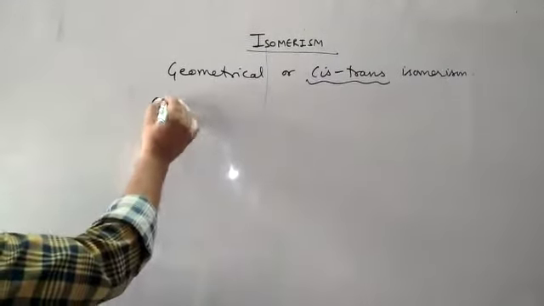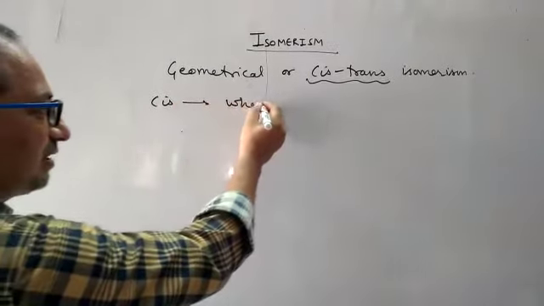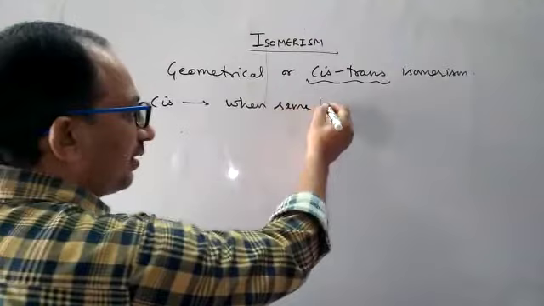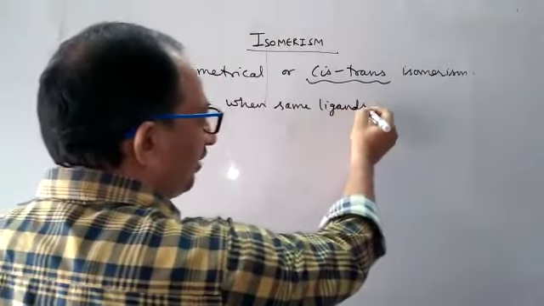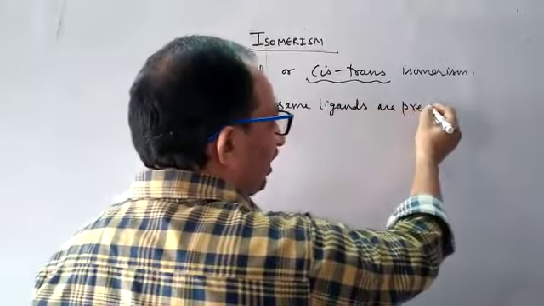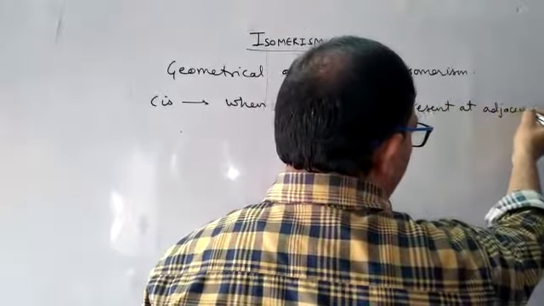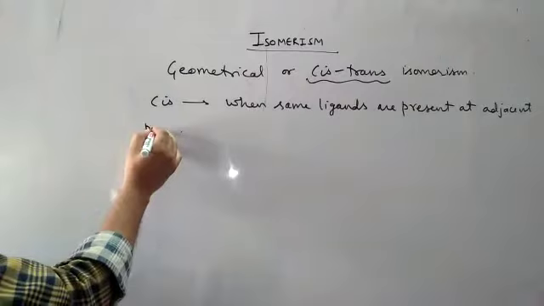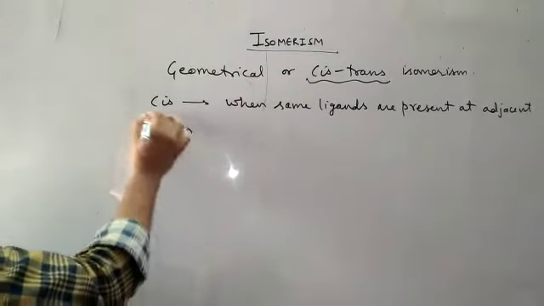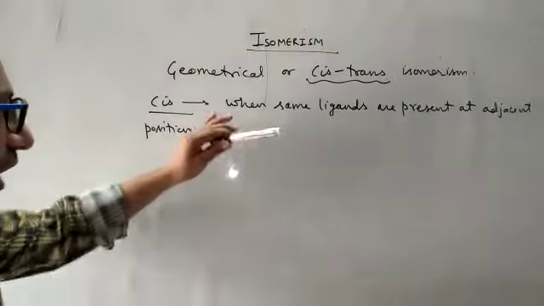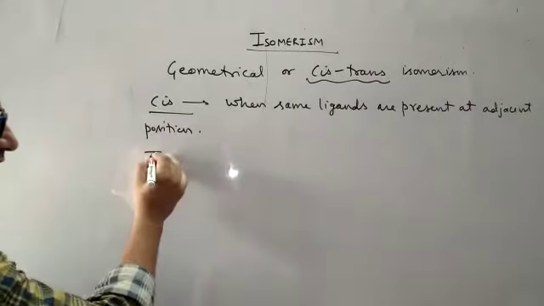Cis means when the same ligands are present at adjacent, continuous positions. So if two same ligands are present at continuous positions, then it is called cis. And what is trans?